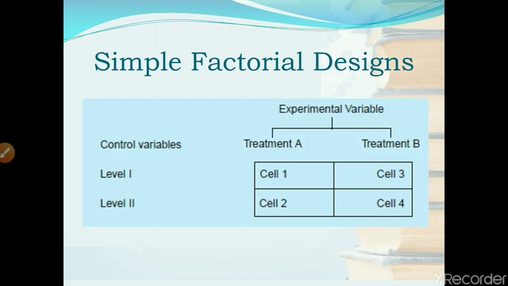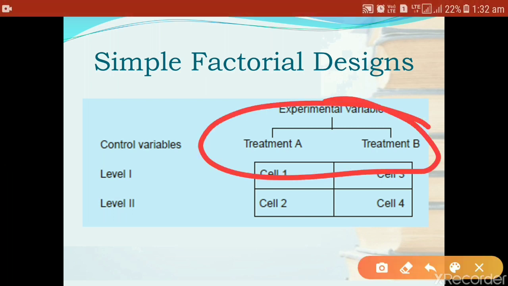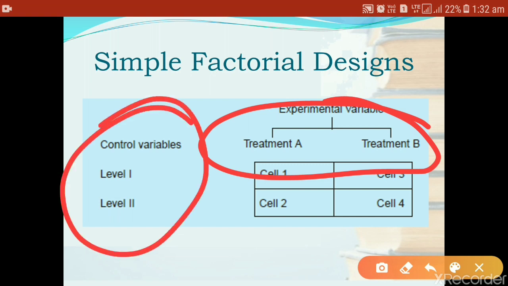First is the simple factorial design. Here the effects of varying two factors on the dependent variable are considered. Simple factorial designs may be a 2 by 2 simple factorial design, or 3 by 4, or 5 by 3, or any type of simple factorial design. So there are two treatments of the experimental variable and two levels of the control variable.